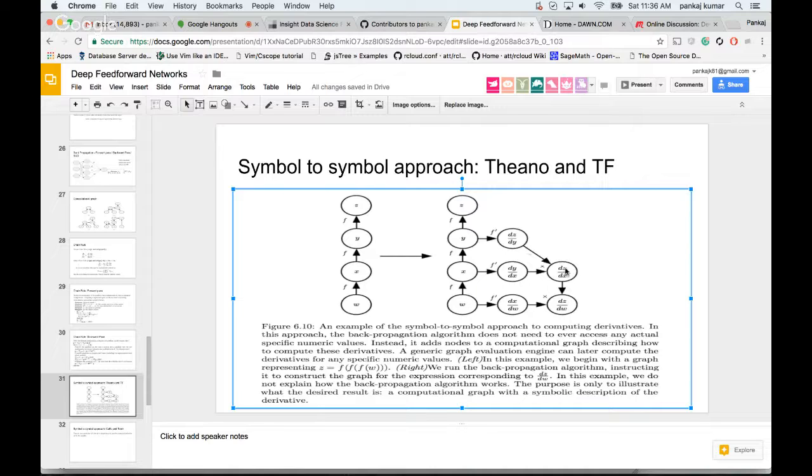Then this second one is dz by dx, and then this dz by dw. Yeah, so dz by dx multiplied by dx by dw is dz by dw. So they will compute this dz by dw using this second computation graph.